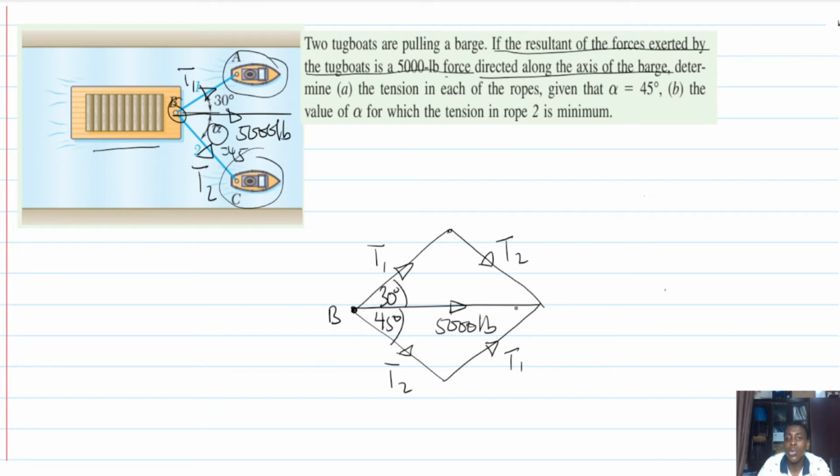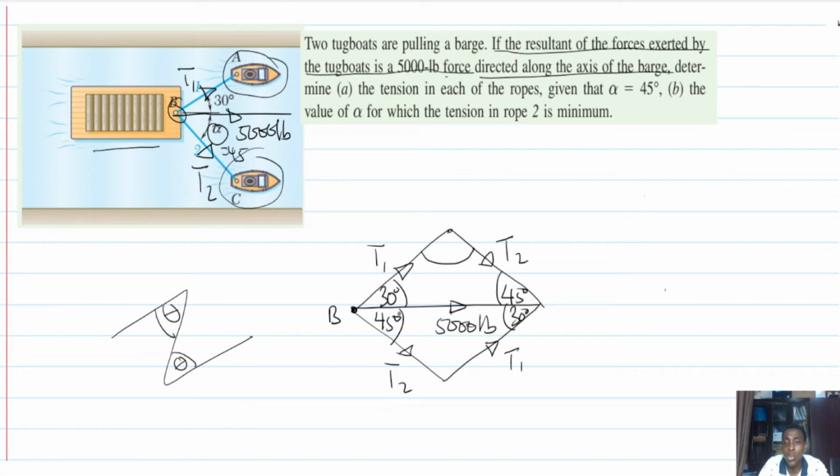Now applying alternate angles, or Z angles, this angle here should be equal to this angle here. It means that this angle will be 45 and this angle is going to be 30 right here. Now we are going to apply the sine rule. But what is the angle here?